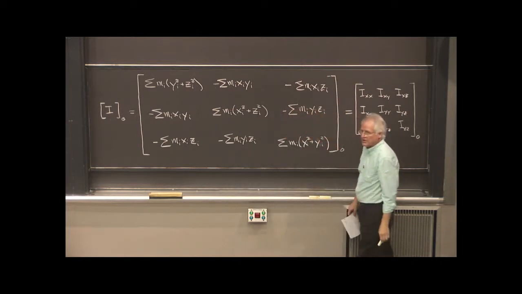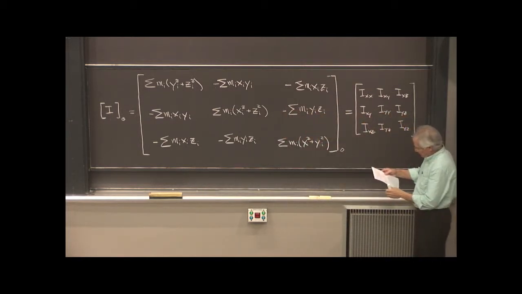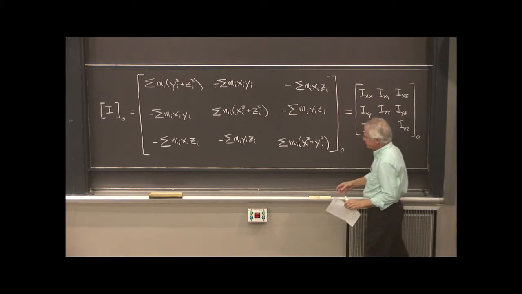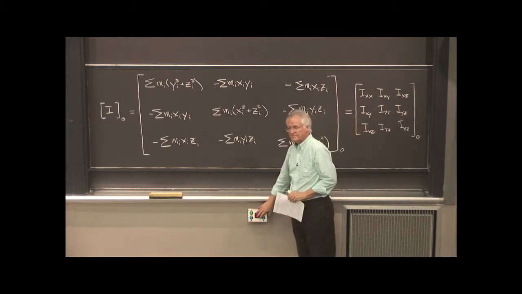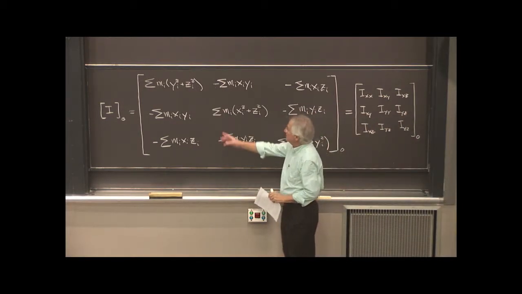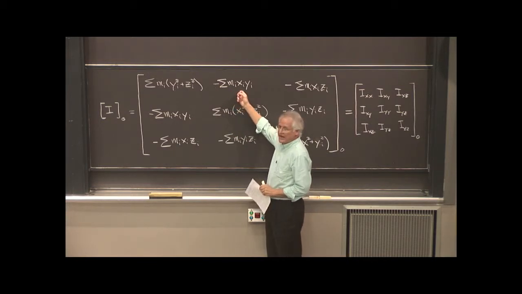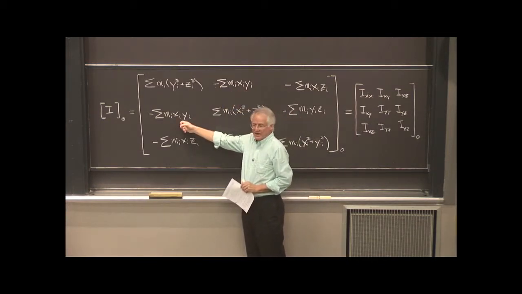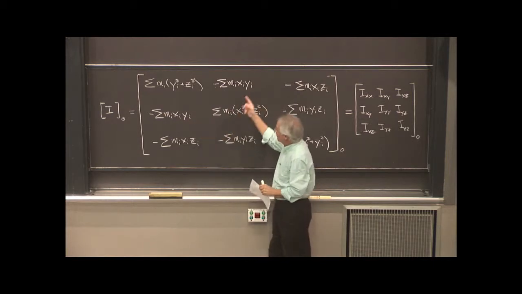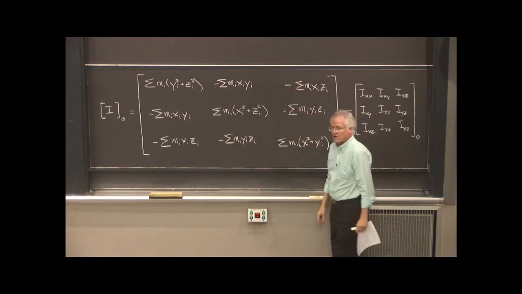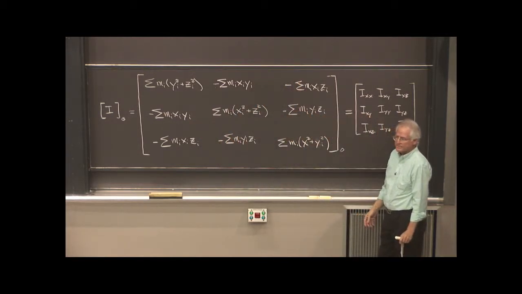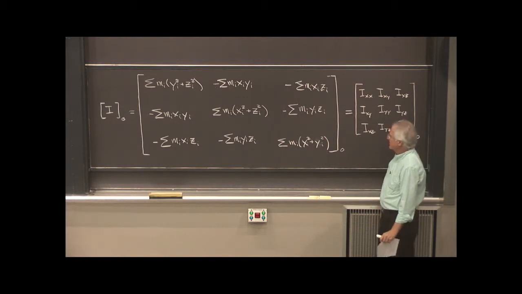Anyway, you'll see in a moment the moment of inertia matrix is symmetric as well, because see these product terms, m sub I xy, m sub I xy. So these off-diagonal terms are all identical.